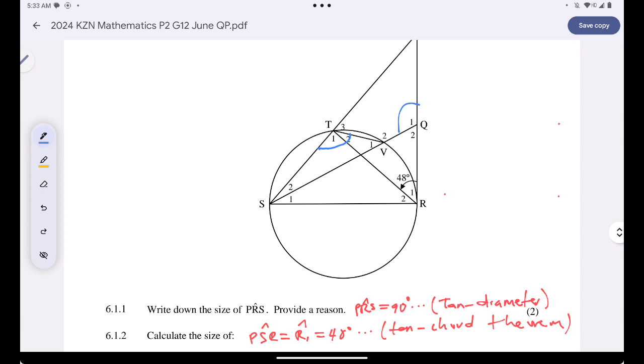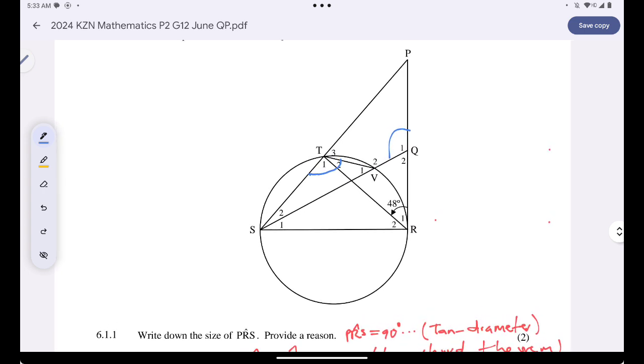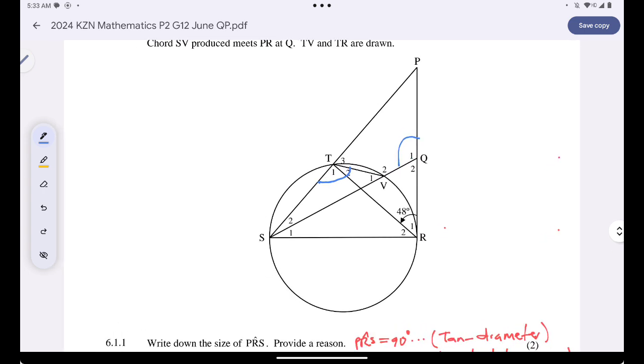Okay, if I can find angle S1, I can simplify the size of angle VTS and PQS. How can I find S1? Now I already know that the size of this guy is 42 degrees and I have a 90 degrees triangle here.